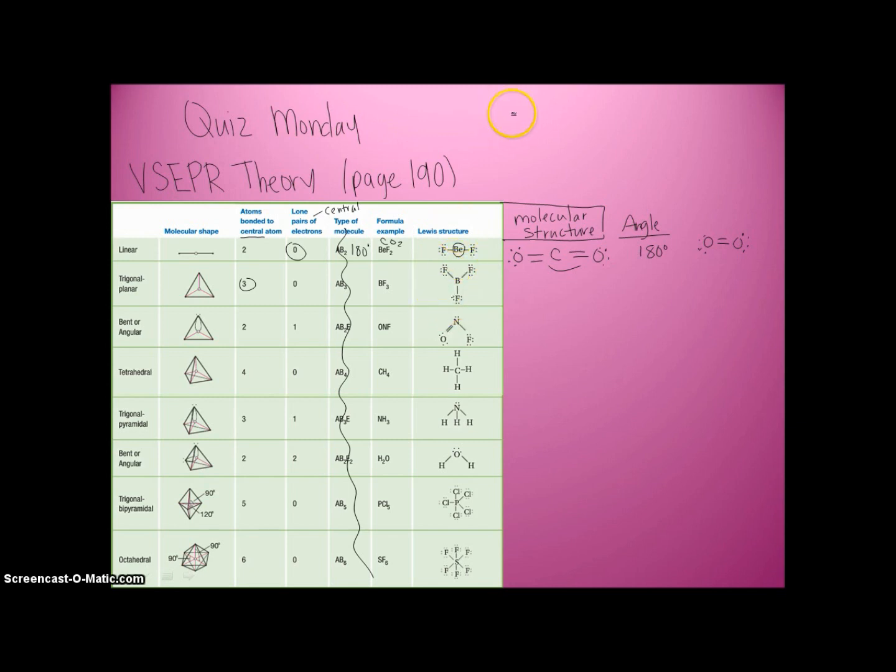We have central atoms and we have terminal atoms, and terminal atoms just means they're on the outside. If we have this structure right here, boron is the central atom, and the terminal atoms are chlorine. They're on the outside and they have these lone pairs.